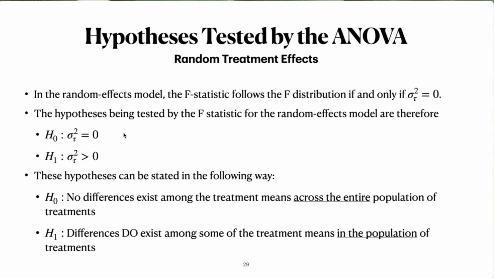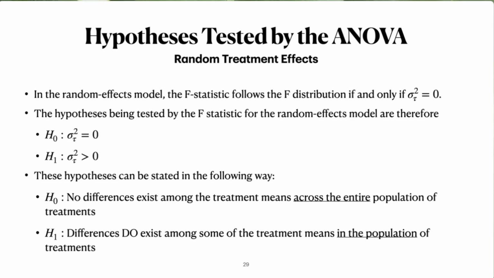And we saw that based on the expected mean squares table. And so the null hypothesis being tested by that very same test statistic, in the context of a random treatment effects situation, is that sigma squared sub tau is equal to 0, against the alternative hypothesis that sigma squared sub tau is greater than 0.